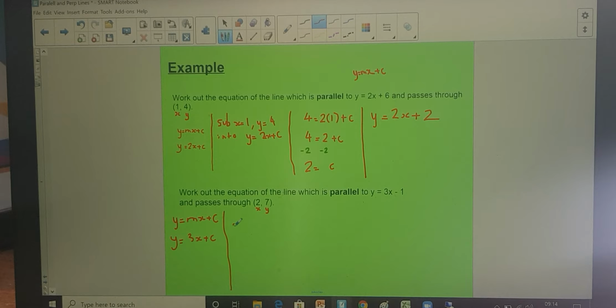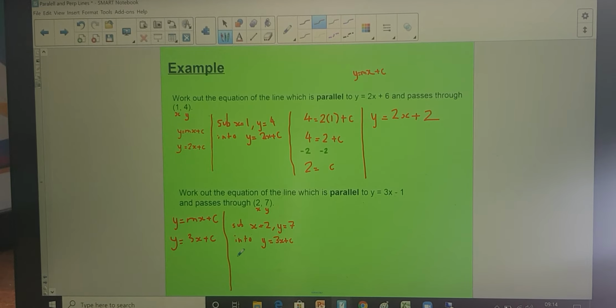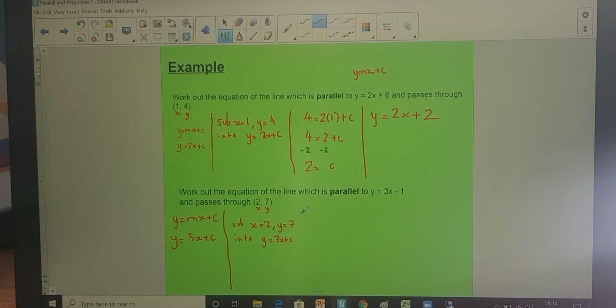So I'm going to sub x equals 2, y equals 7 into y equals 3x add c. So instead of y, I know my y value is 7, equals 3x.